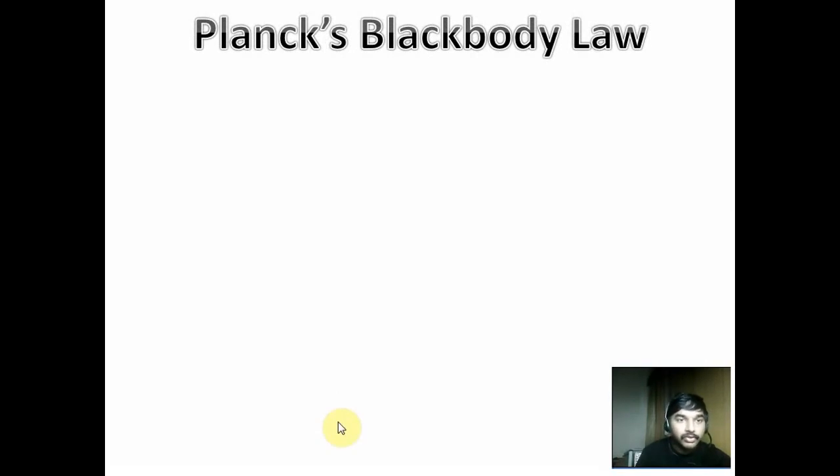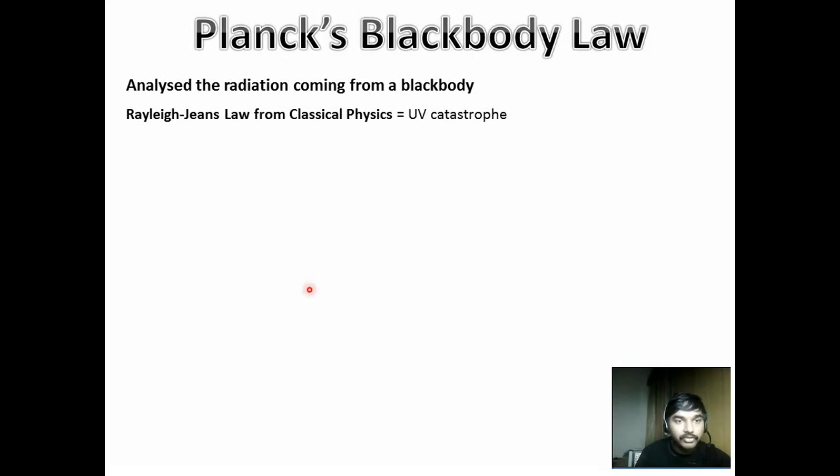Last week we saw Planck's blackbody radiation, which was basically got by analyzing radiation coming from a blackbody. Let me just remind you what a blackbody is. A blackbody is a body which is a perfect absorber. So once the radiation enters a blackbody, it never comes out. And we were trying to analyze the radiation which is coming out.